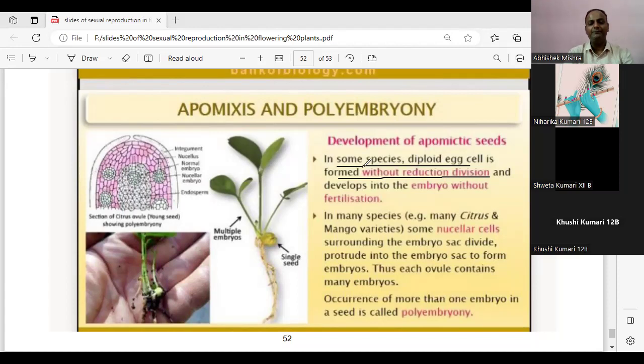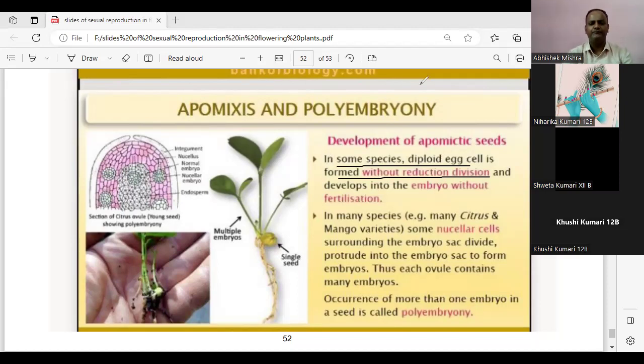So sometimes it happens, a diploid egg cell, that means a 2N egg cell is formed. That means reductional division has not occurred in it. Meiosis has not occurred. And at that time, if it is already 2N, do you expect that the male gamete will come and fuse with this 2N to make your 3N zygote? Is it possible?